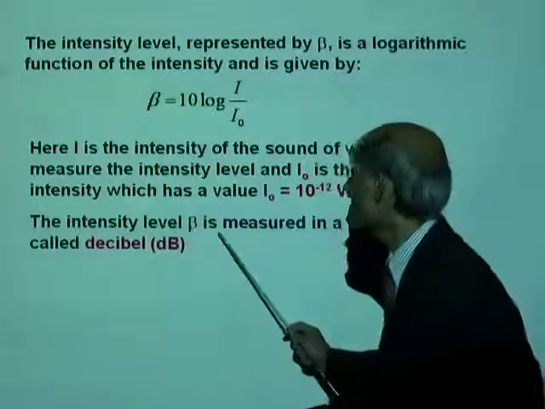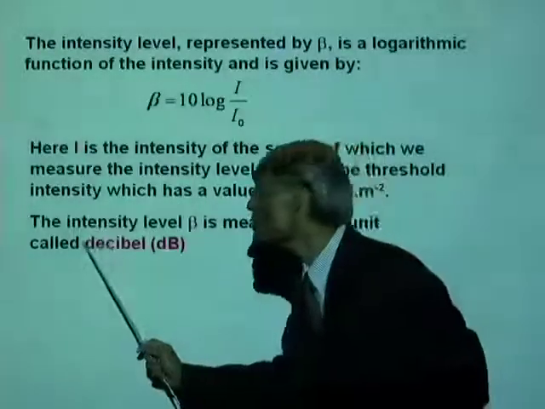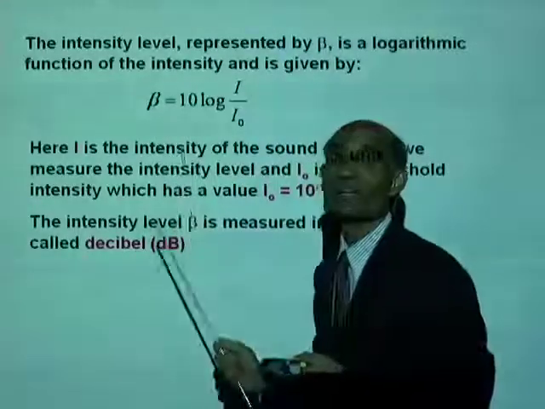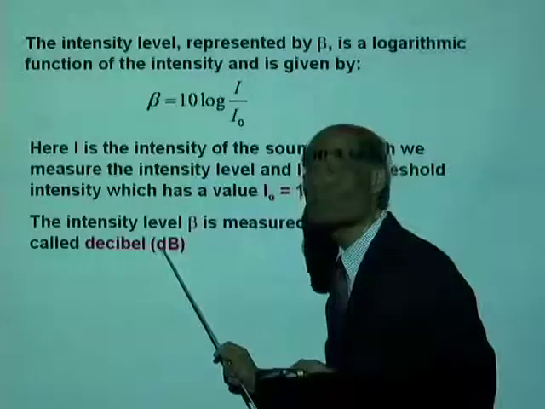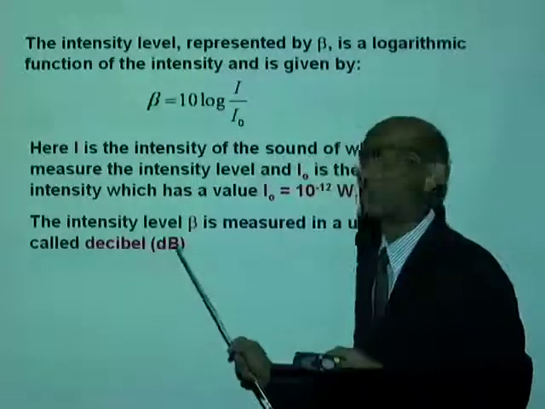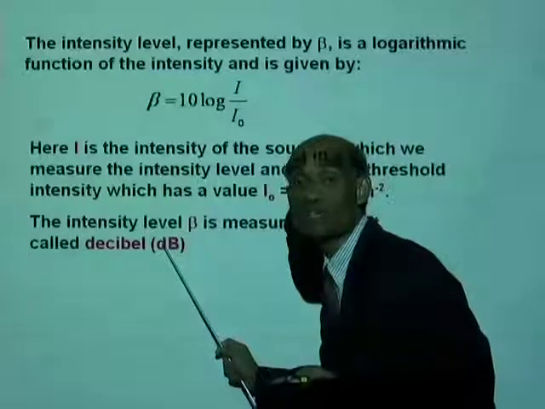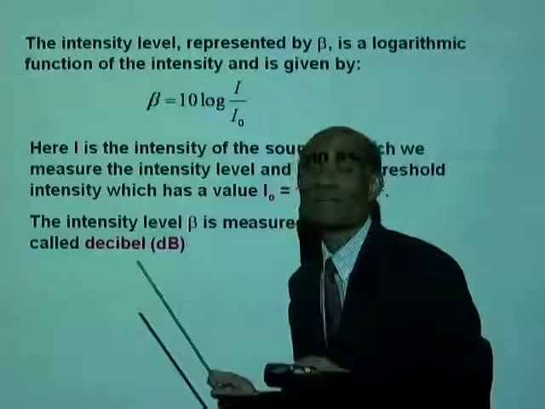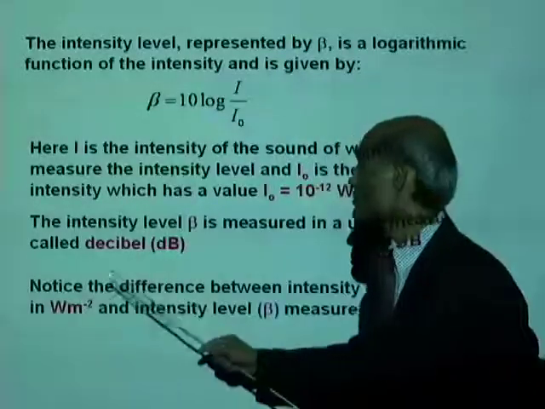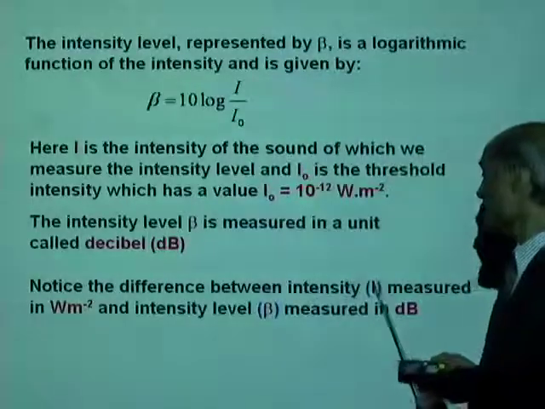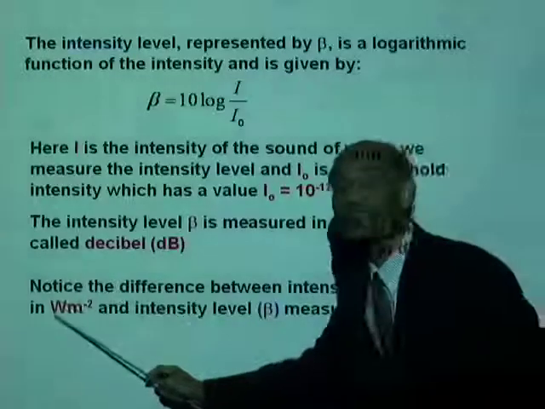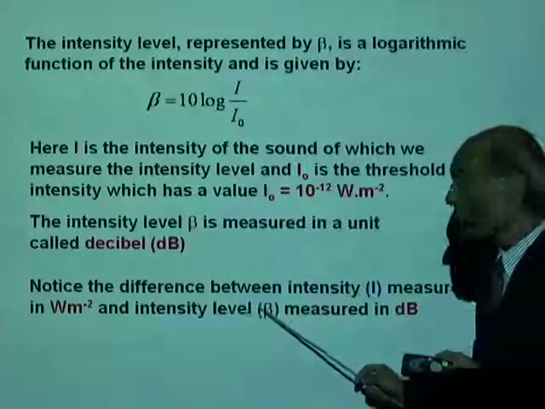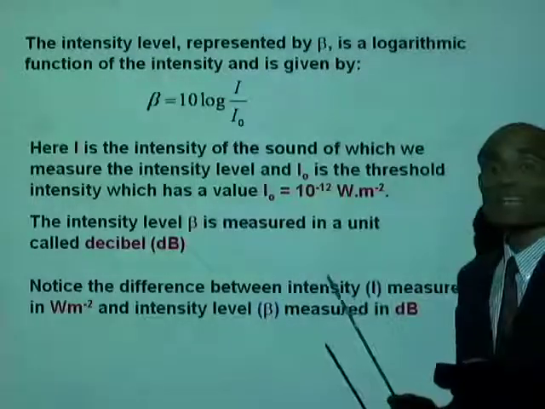Intensity level beta is measured in a unit called decibel. Look at the way we write decibel in short form. It will be small d, big B, dB. Now notice the difference between intensity I, measured in watt per meter square, and intensity level beta, measured in decibels.